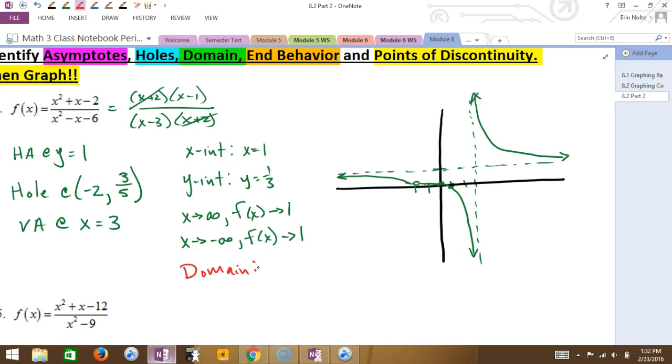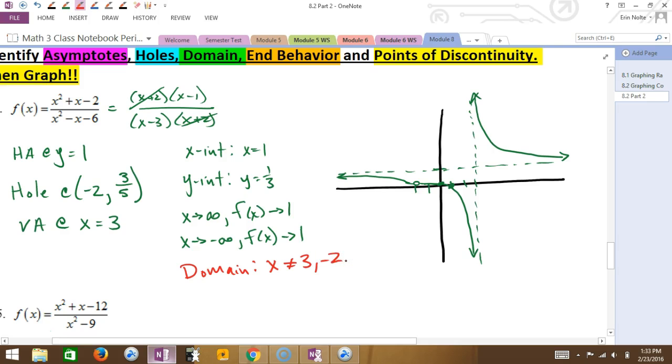Remember, values that x cannot be are values that we cannot divide by 0 with. So what values make the denominator 0 at any point before canceling? 3. What would make that denominator 0? -2. So I'm going to write this as x cannot be 3 or -2.